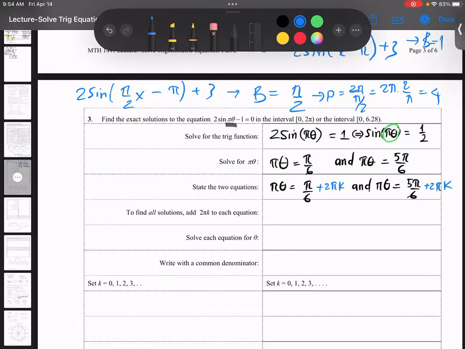I like to say multiply both sides by 1 over pi, instead of divide. Make sure you multiply every single term by 1 over pi. On the left hand side, pi and pi cancel, so just theta.